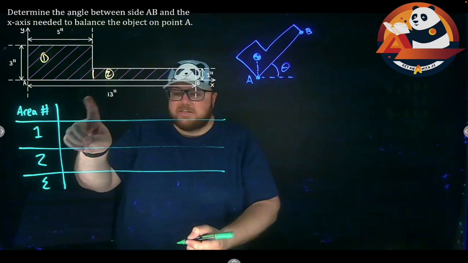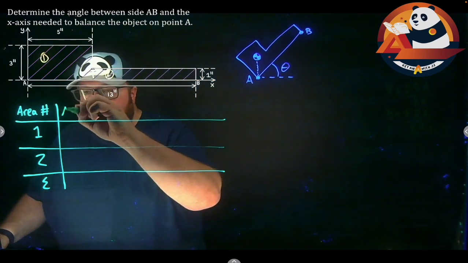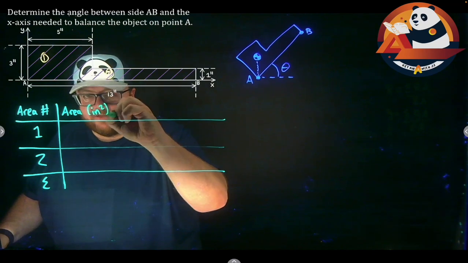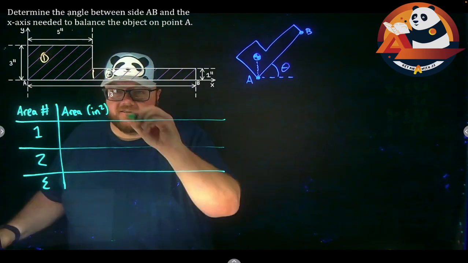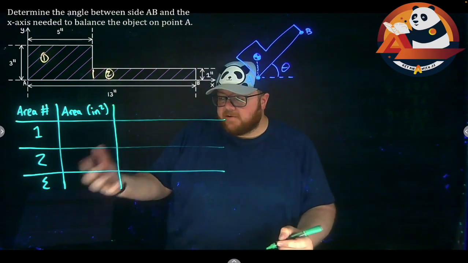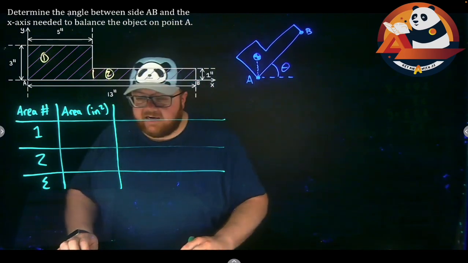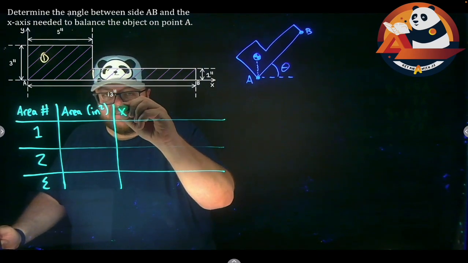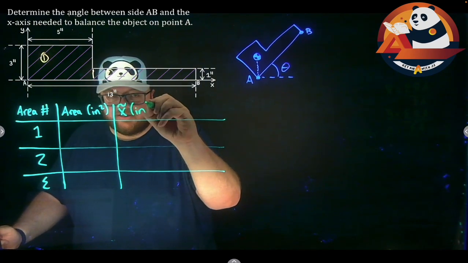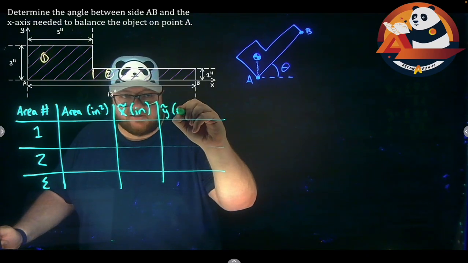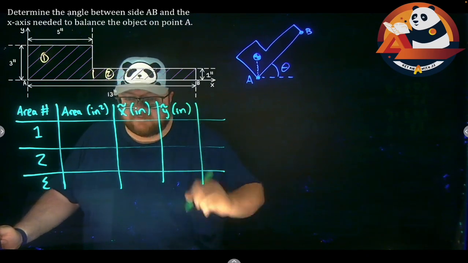From there, I need to know my actual area, the area of these pieces, in square inches because our units were in inches. In my next columns, for the centroid I need an x tilde and a y tilde, both in inches.